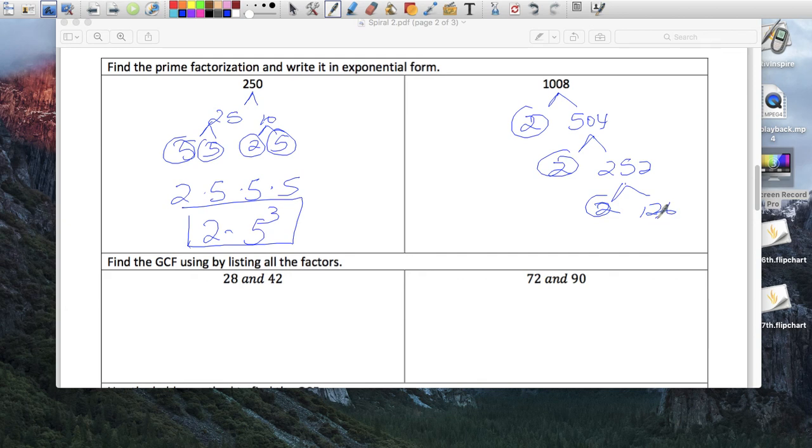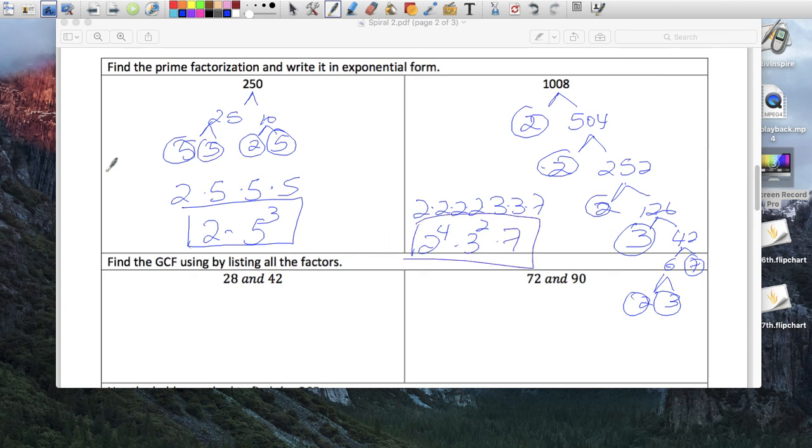Let's use 3. 3 and 42. 6 and 7. Circle, circle, and 6 is 2 and 3. Wow, that was a long one. So it's 1, 2, 3, 4 twos. 2 threes. 1, 7. Make sure you write a little dot between these. 2 to the 4th times 3 to the 2nd times 7. There you go.